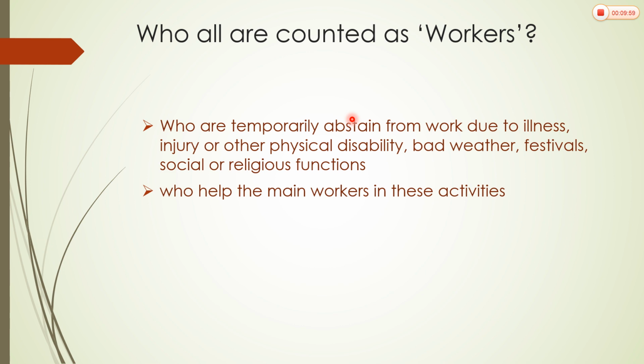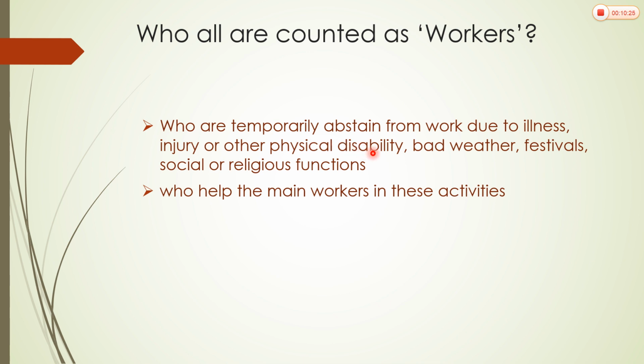Now, who all are counted as workers? Who are actually going to be all the people we are going to count as workers? Okay, we learned the definition that everybody who is engaged in economic activity is a worker. Now, it also includes the people who are temporarily absent from work due to some illness, some injury or other physical disability.